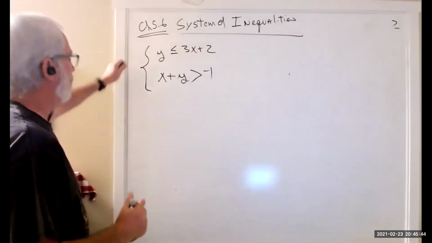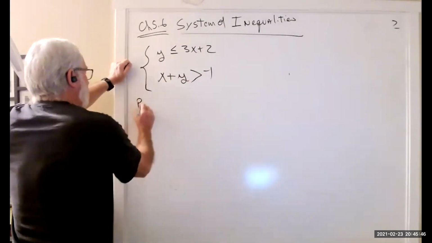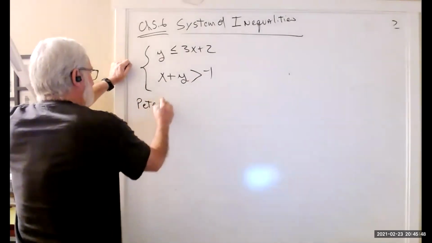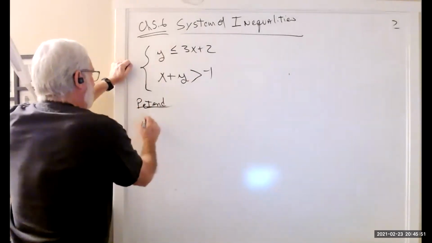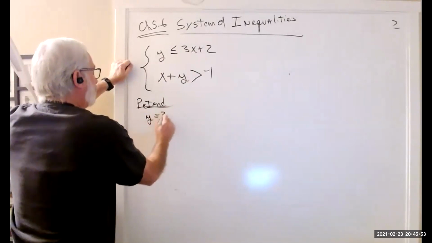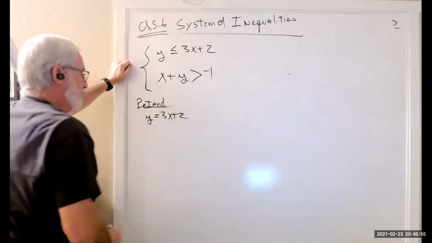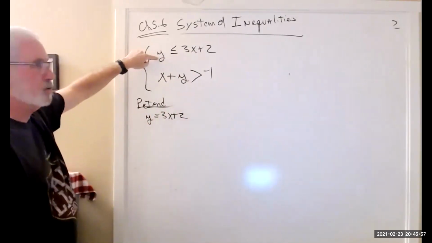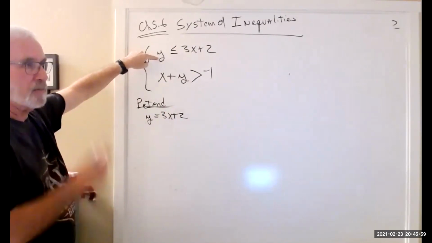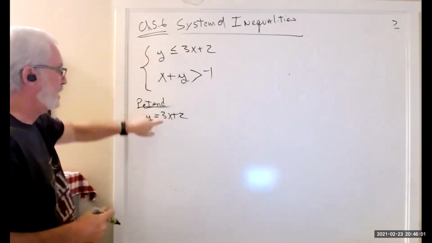So we're going to pretend that we have y equals 3x plus 2. Take the top problem and pretend it's an equal sign.